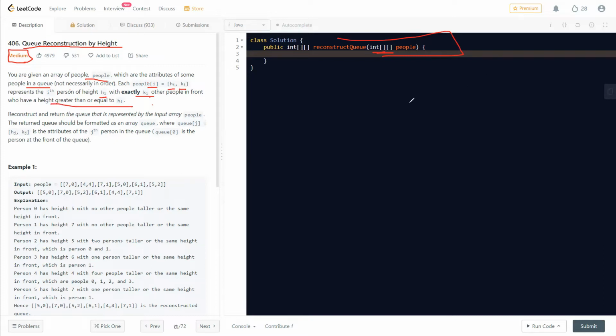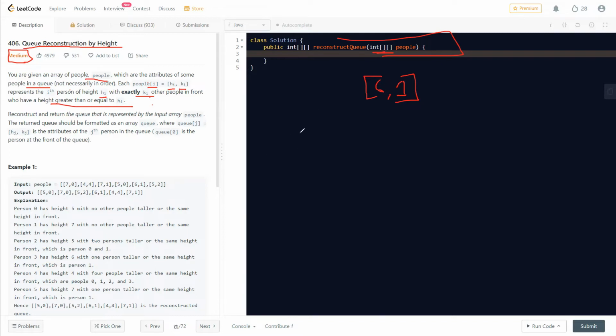So if a person of height 6 has one person before him, that means there must be one person whose height is greater than or equal to 6 standing before them.